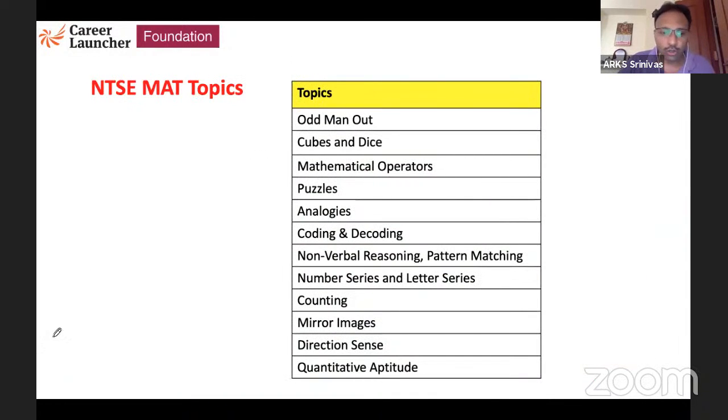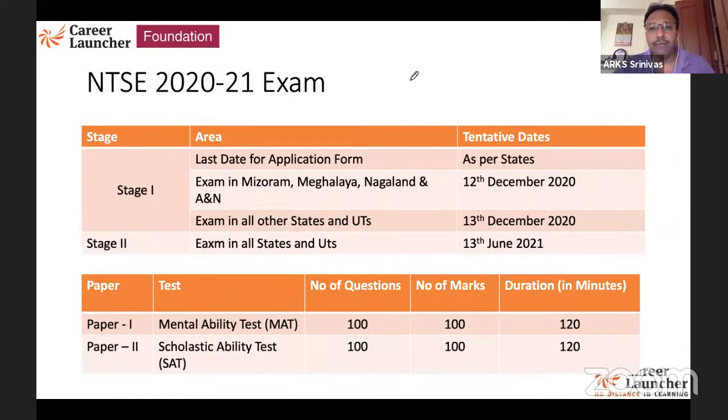And the stage 2 exam is going to be on 13th of June, that is when you finish your 10th standard. Paper 1, which is what I'm going to focus on, not the SAT but the MAT, the mental ability test, has 100 questions, 100 marks, and a duration of 120 minutes.